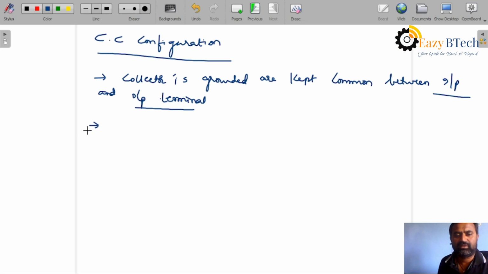Next, the structure is: base, emitter, collector, NPN transistor. Okay.